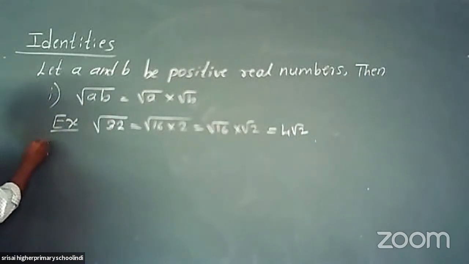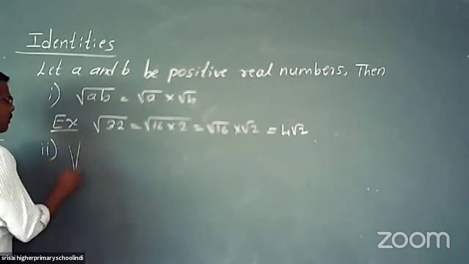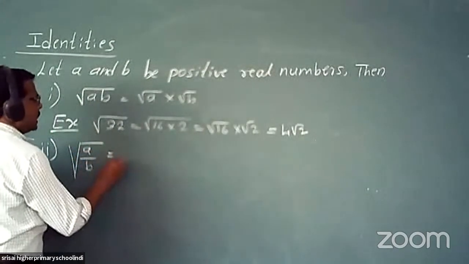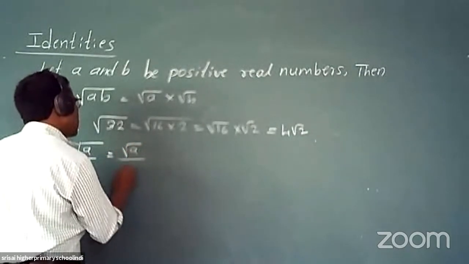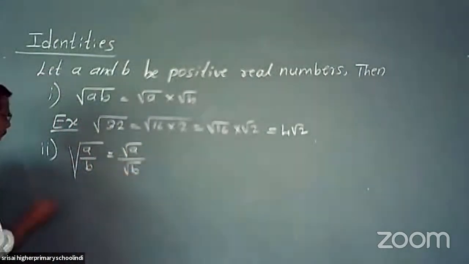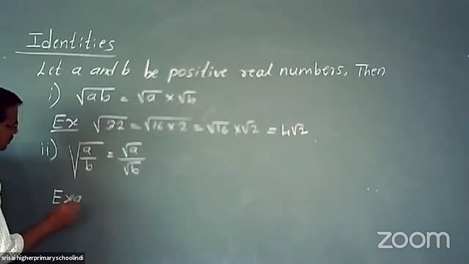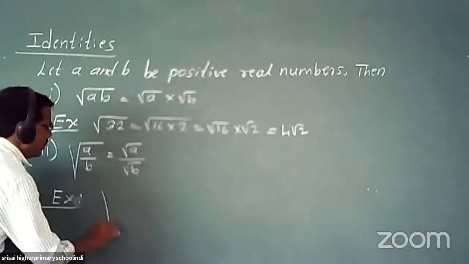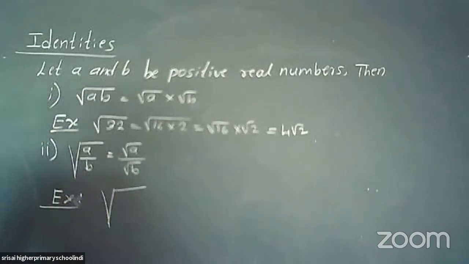Second identity. Square root of a by b can be written as square root of a divided by square root of b. Example, you can take any.